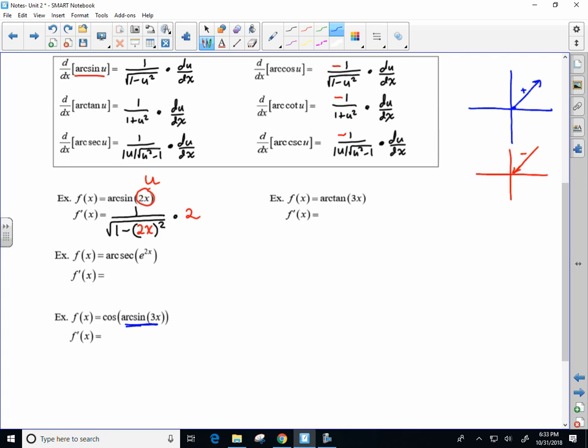It's the derivative of cosine, which is negative sine, of the inner function, which would be arc sine 3x. And I would take the derivative of the arc sine 3x, which is basically a repeat of the first example with a 3 instead of a 2. So I could just rewrite what I have there. You can consolidate it if you want, but I'll leave it separate.